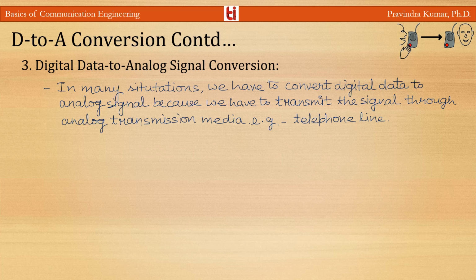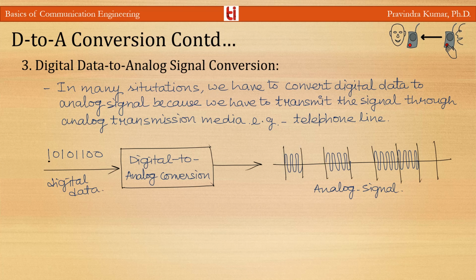And there are many other advantages of this analog system. For example, the analog medium, a telephone line. If we want to use the telephone line for the transmission of data, then we have to convert it into an analog signal, and this is the basis for digital to analog signal conversion.